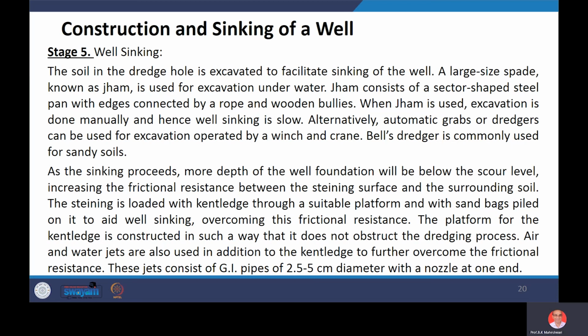The platform for the kentledge is constructed in such a way that it doesn't obstruct the dredging process. Air and water jets are also used in addition to the kentledge to further overcome the frictional resistance, and these jets consist of GI pipes of 2.5 to 5 centimeter diameter with a nozzle at one end. So this was stage 5, which was related to well sinking.